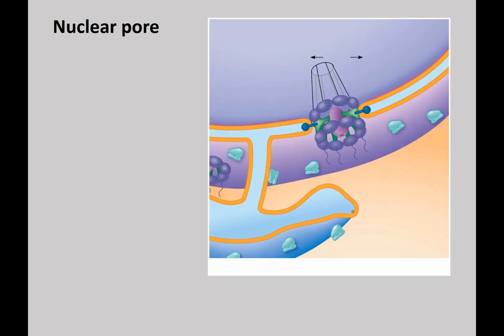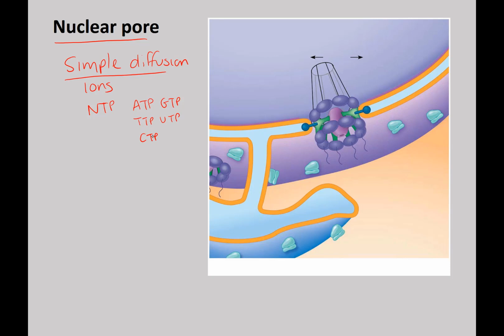So just to zoom in a little bit, the book talks about two types of transport through the nuclear pore. There is simple diffusion, and this is for things like ions, NTPs, so these are our nucleotide triphosphates, like ATP, GTP, TTP, UTP, CTP.